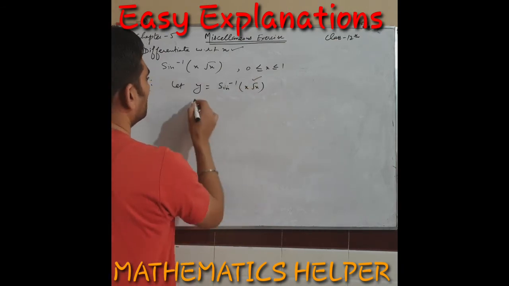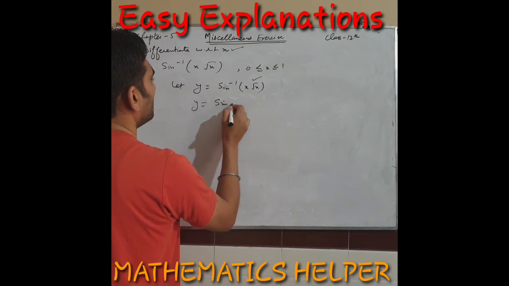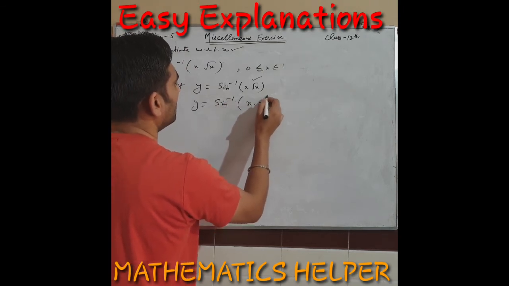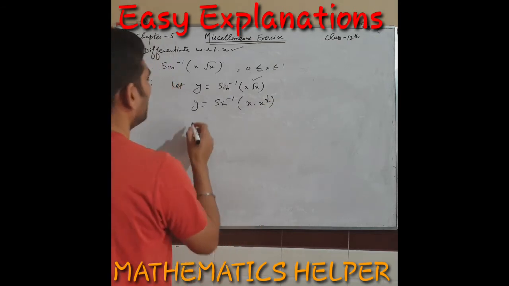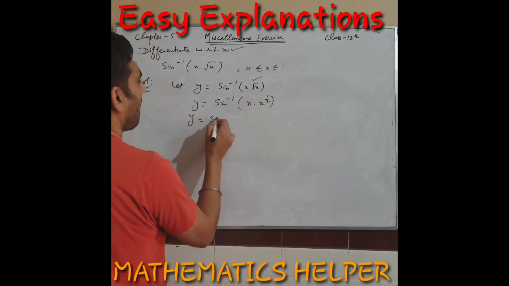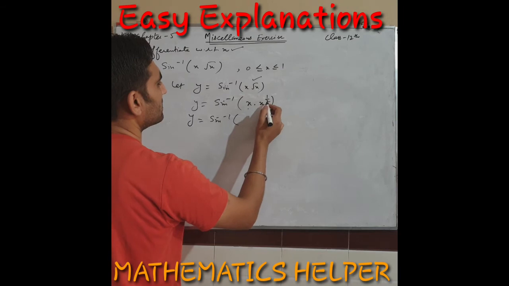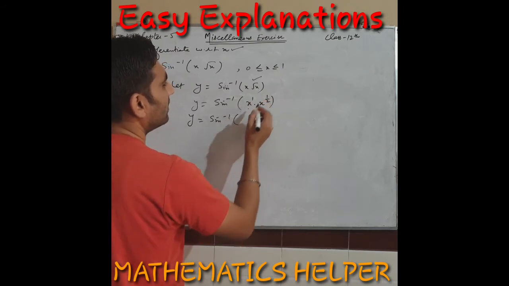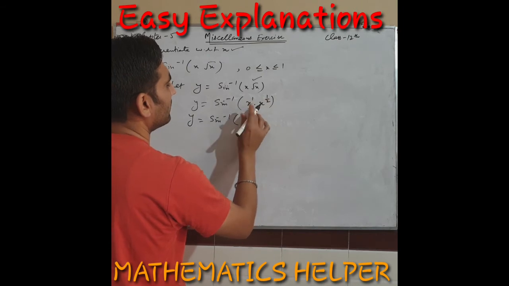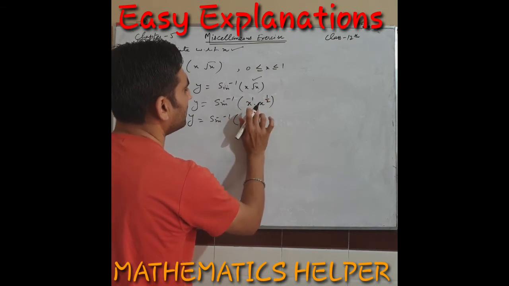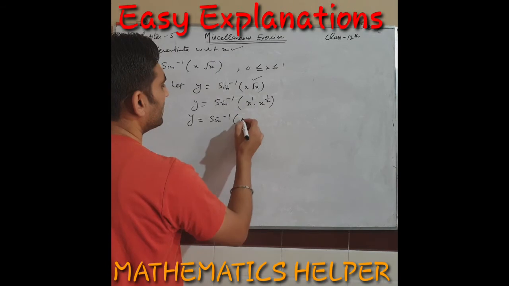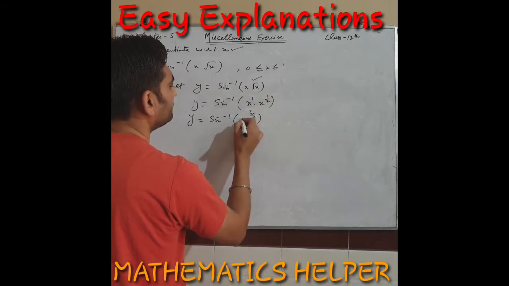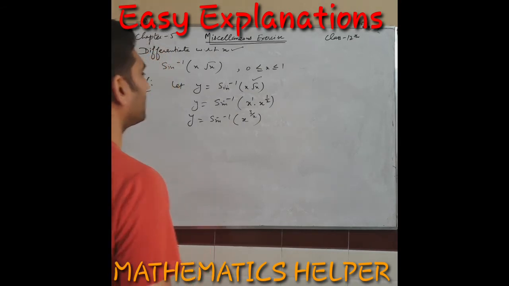Firstly, solve the inside. x into square root x means x into x raised to power 1 over 2, which is x raised to power 1 times x raised to power 1 over 2. When the same number with different powers is multiplied, you have to add the powers. So it is x raised to power 1 plus 1 over 2, that is 3 over 2. So we have its power as 3 over 2.